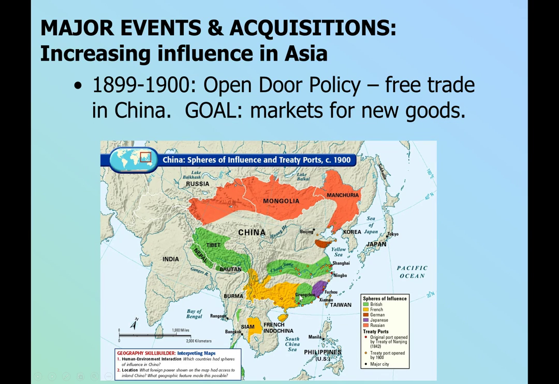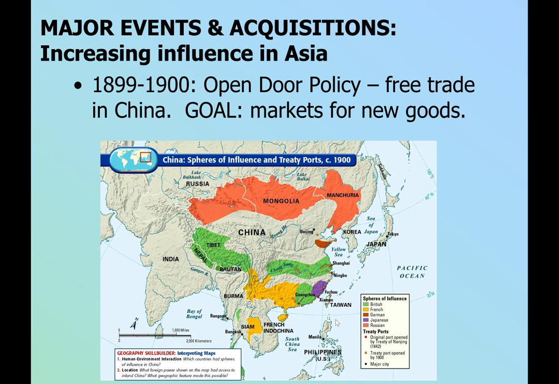You can see that on this map. There's British, French, Russian, they're all trying to carve out these territories where they mostly have trade. And the US basically comes in and says, how about an open door? How about everybody gets to trade everywhere? What's kind of interesting about this is they didn't actually work it out with China. They worked it out with all these other European countries.